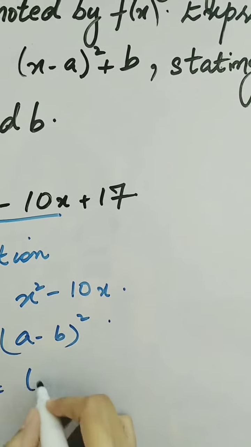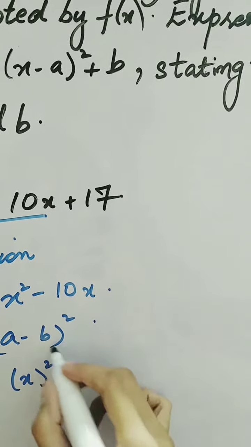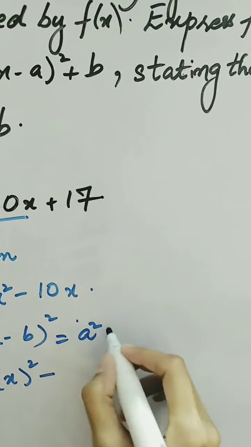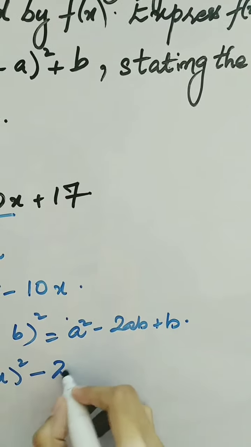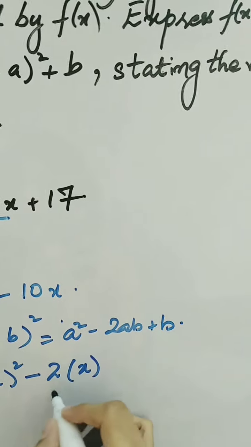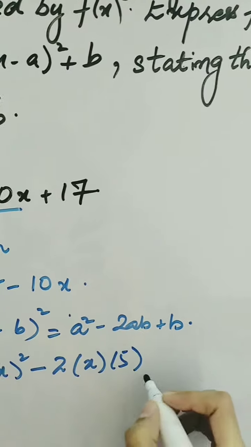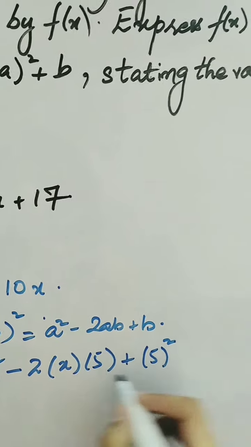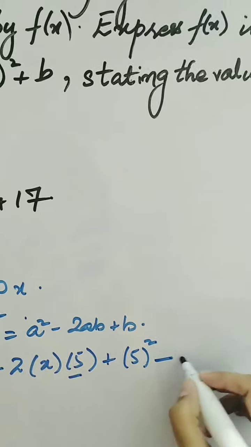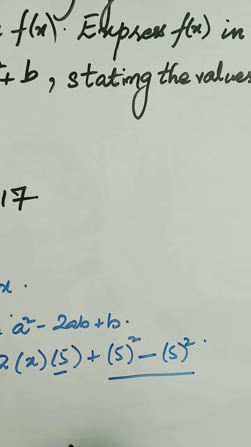Here a is x, so it becomes x square, and this formula is equal to 2. From the formula, a is x, and if we multiply this 2x with 5, we will get 10x. And here b is 5 square, and we also have to subtract it in order to cancel its effect.